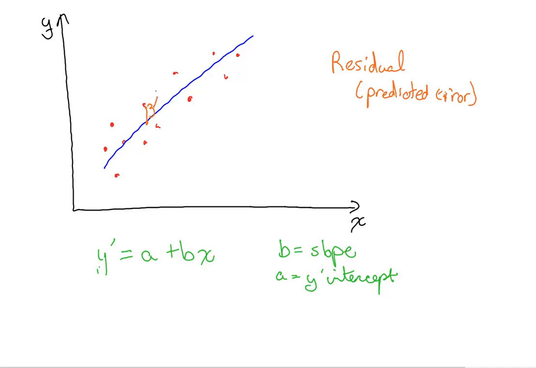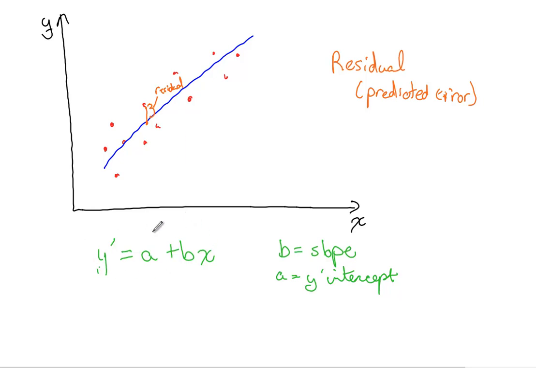So this right here is the residual. It's the difference between the actual value of y and the predicted value of y. And we use this to determine this best fit regression and how it describes this line.